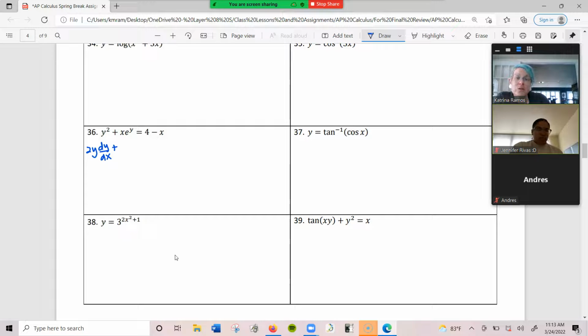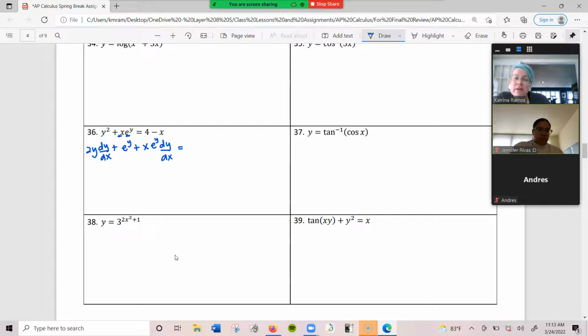So the derivative of x is 1, so it'd be e raised to the y plus x and then e raised to the exponent of y and then the derivative of the exponent, which would be dy dx, equals the derivative of 4 is 0 and the derivative of negative x is negative 1.